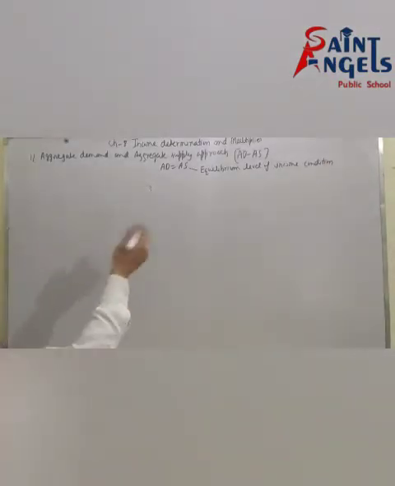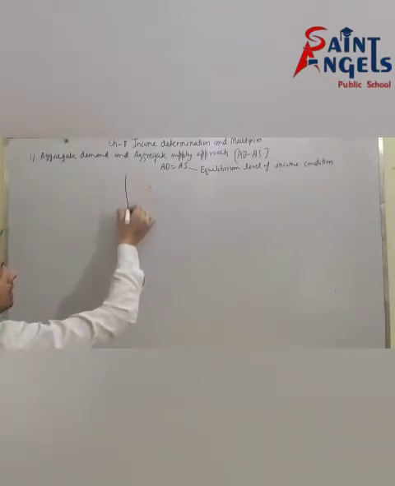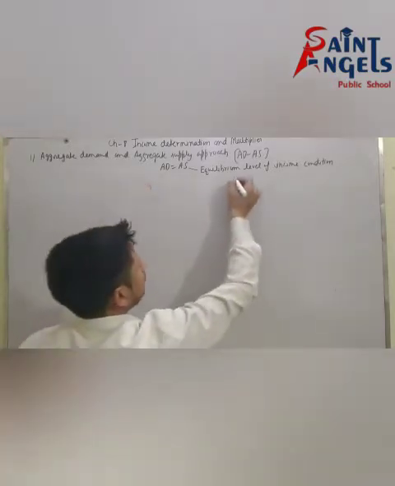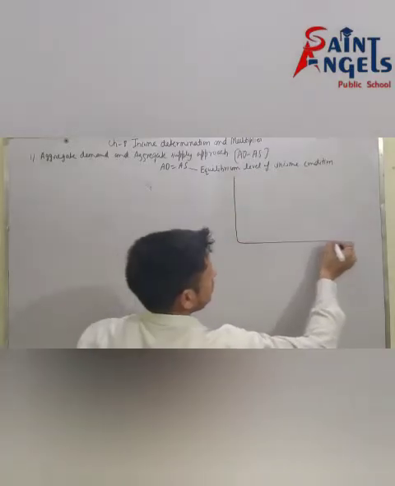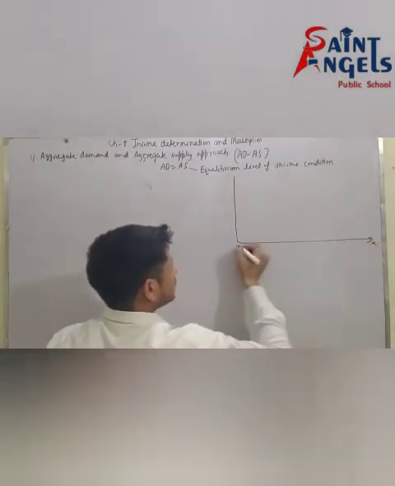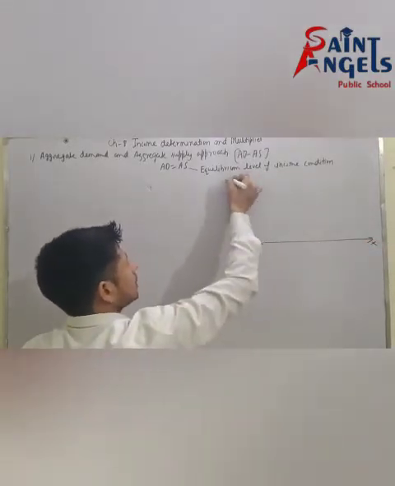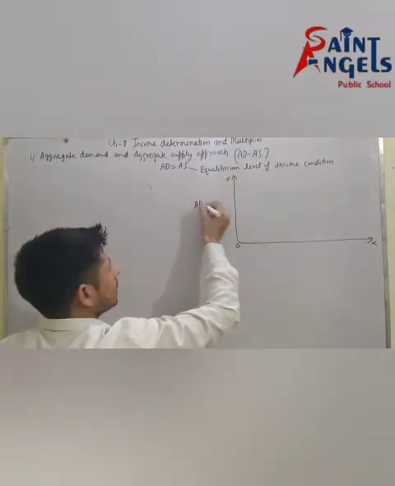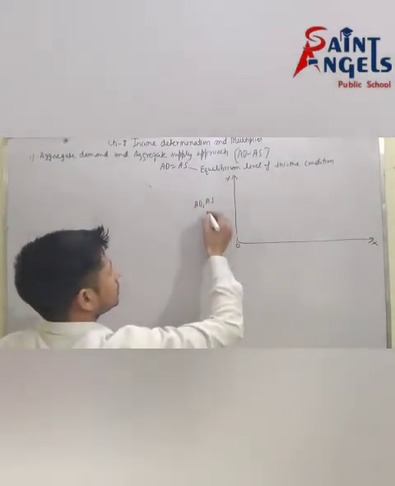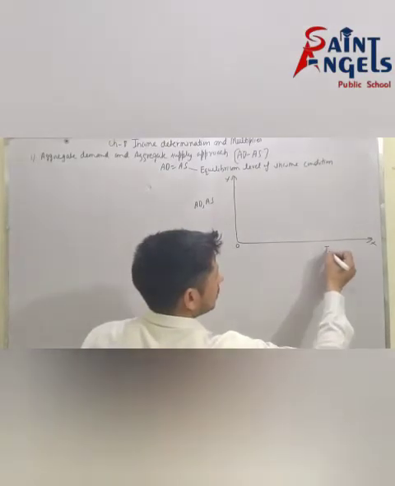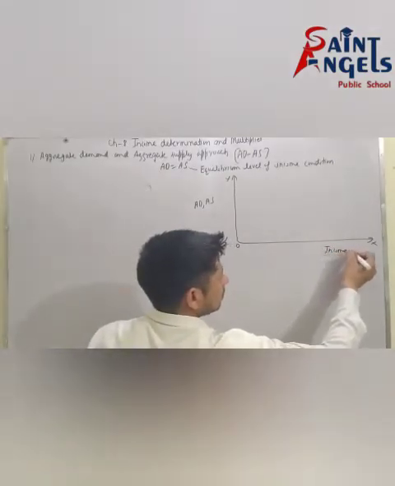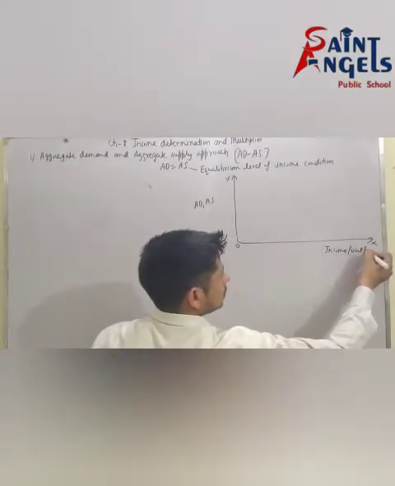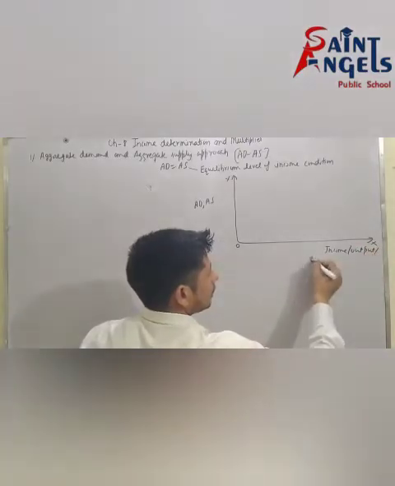I hope all of you have understood the diagram we discussed in my previous video. See the diagram: this is the x-axis, this is the origin, this is the y-axis. On the y-axis is AD and AS, and on the x-axis, income, output and employment.